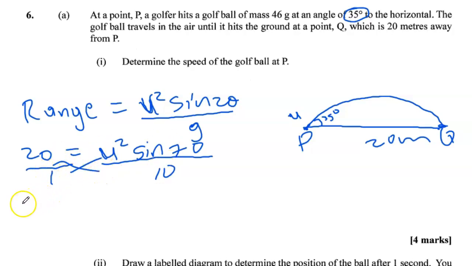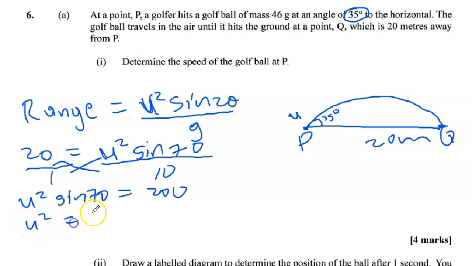We end up with U square sine 70 equal to 10 times 20, that's 200. To find U square, we divide both sides by sine 70.